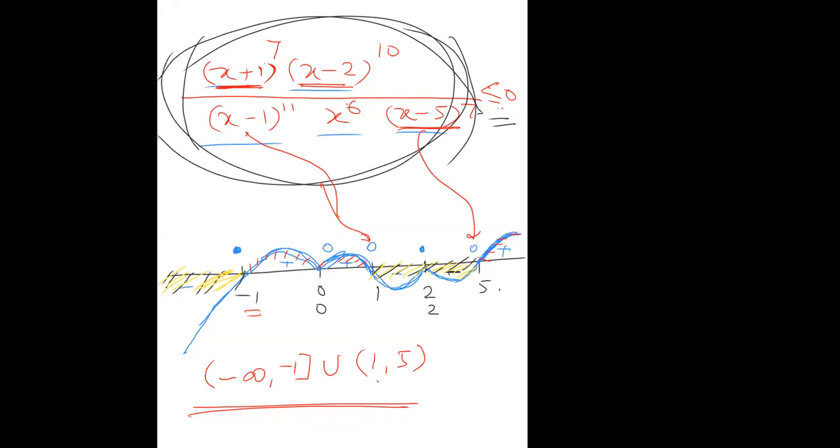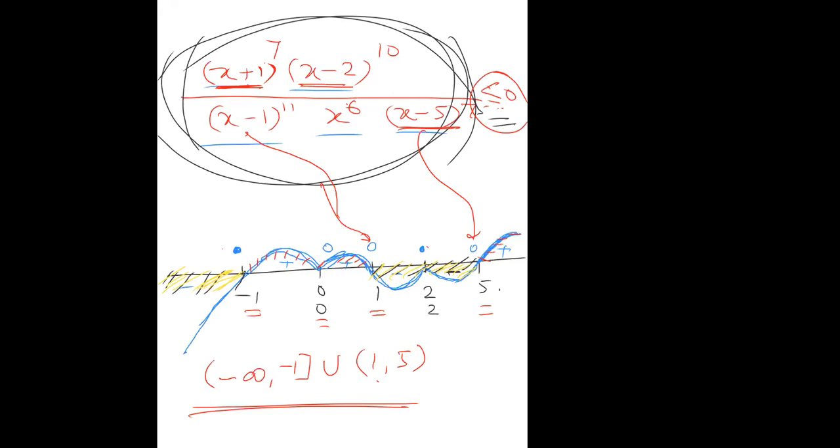And if it is in the denominator, that will always be open. So at 1, at 0, at 5, this is open, but at minus 1 and 2, this will be closed because it contains the equality sign. Can I repeat?